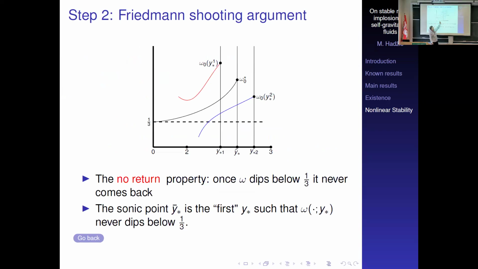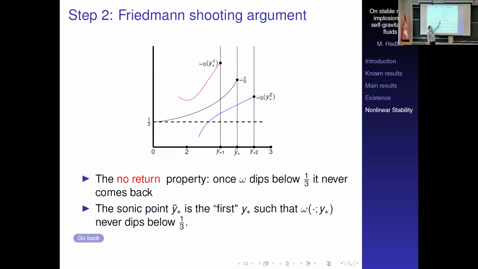I mentioned that the choice of the slope is somewhere between 2 and 3, and the meaning of those numbers is the following. If I start off very close to the value 3, if I believe my sonic point is here, I can show that the velocity has to dip below a certain value, which is 1/3 in this case, and can't come back. That's the ODE part of the statement: you dip below, you don't come back.